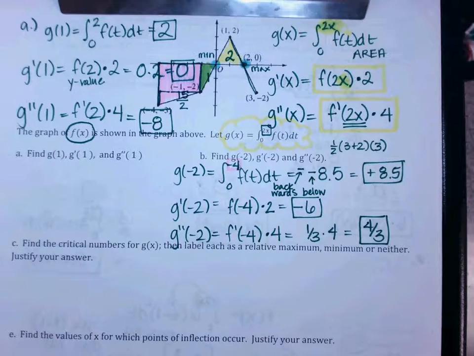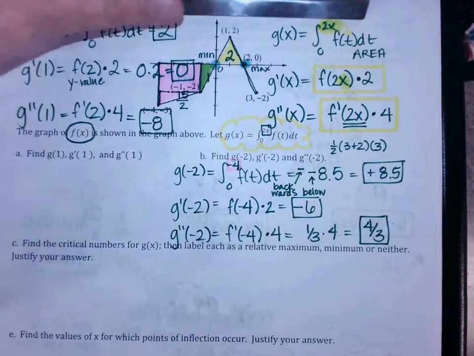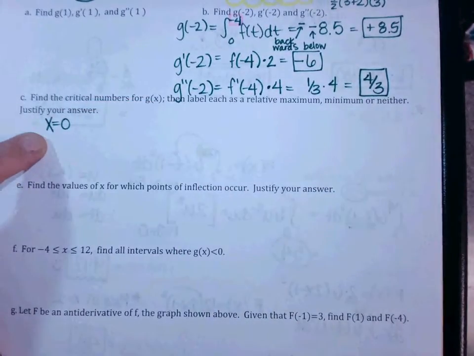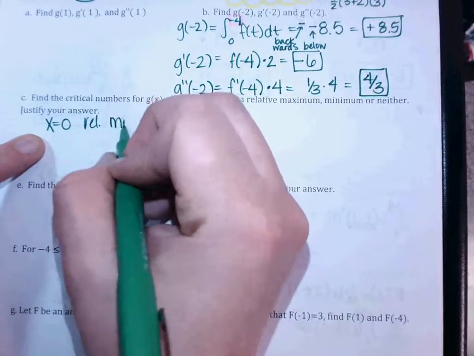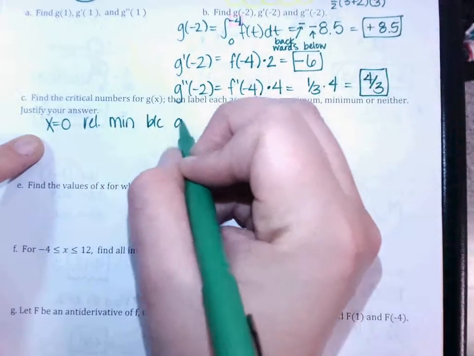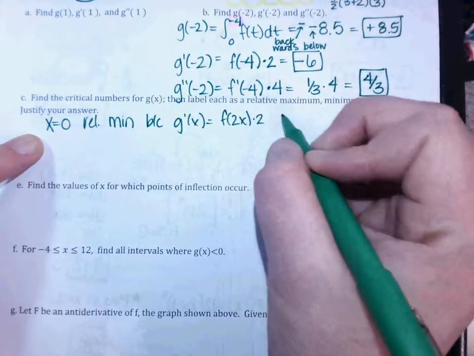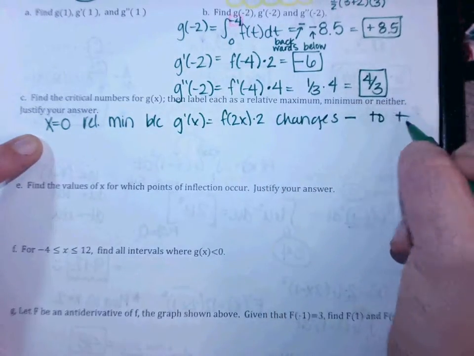No. So I'm going to write it out, and then I'll try to explain it one more time if you don't get what I mean. So in my graph, x equals 0 is a critical number, and it is a relative minimum, because g prime of x, which is f of 2x times 2, changes from negative to positive.